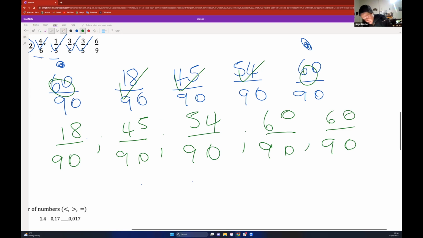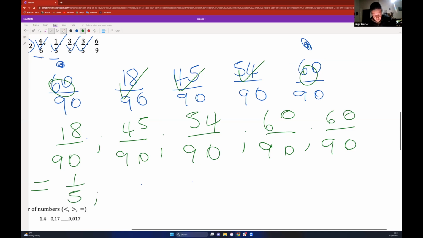So you do not have to stress about which one comes first. Now let's just remember we need to put them back into the way that we found them. So 18 over 90 was 1 over 5.